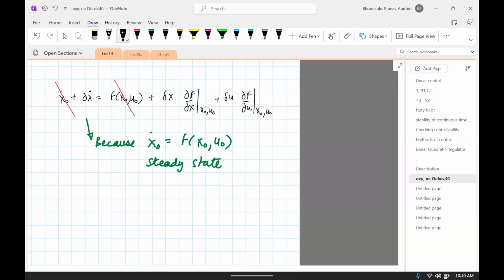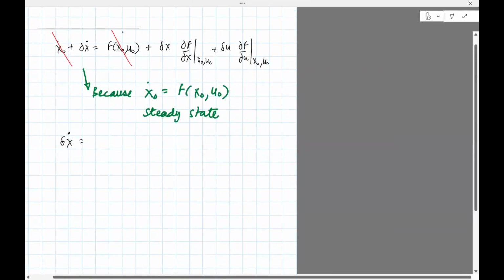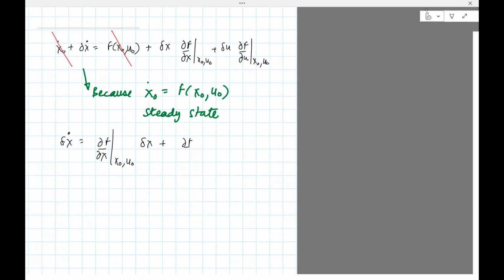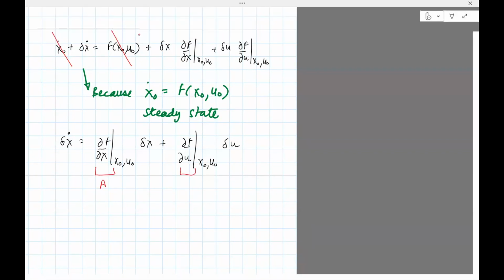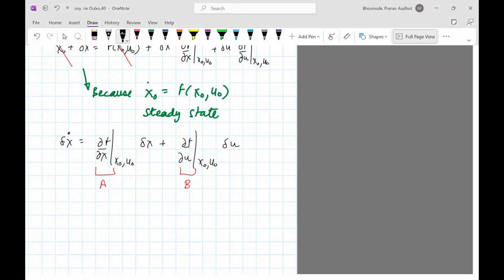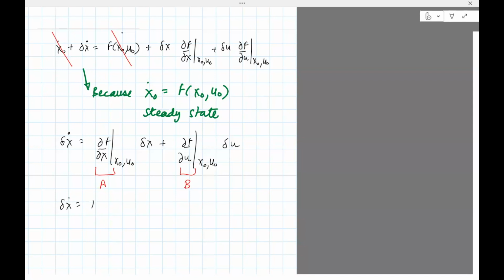So we are left with delta x dot equals df/dx at x0, u0 times delta x plus df/du at x0, u0 times delta u. We assume the first to be A and this to be our B. So delta x dot is A times delta x plus B times delta u.